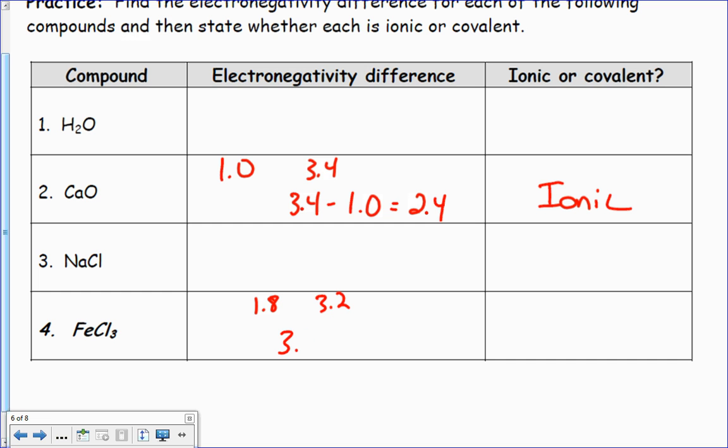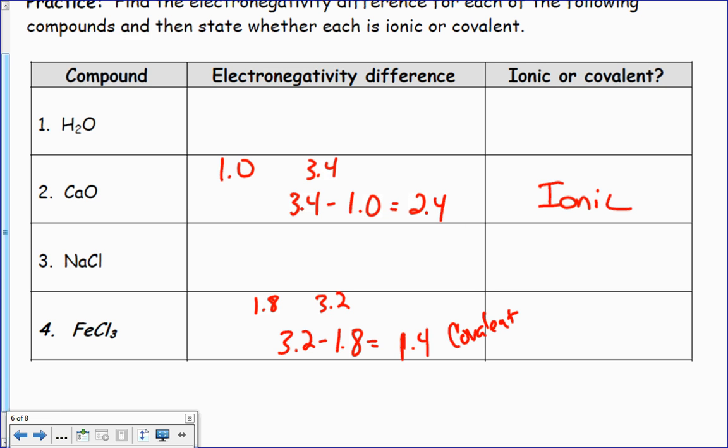I'm going to just subtract the smaller one from the bigger one because I don't want a negative number. 3.2 minus 1.8 is 1.4. Ooh, that's tough. It's 1.4. So according to this, 1.4 and less should be covalent, right?